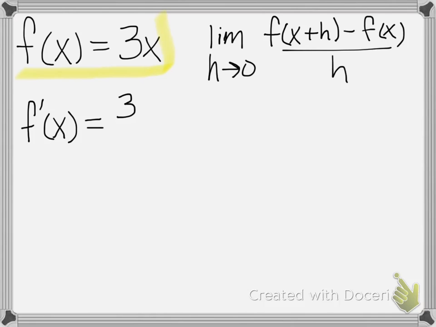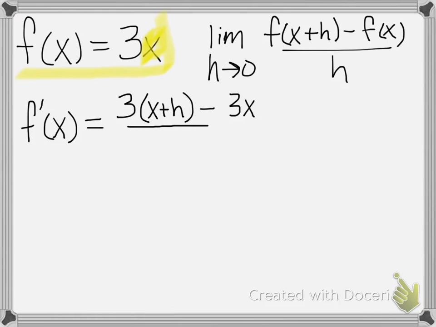all over h. Okay, so whenever we're writing this out, since we have an x right here, for the first part, we're just going to replace that with our x plus h. So anywhere we see an x, we put x plus h. And that is going to be minus our f of x, which is 3x.